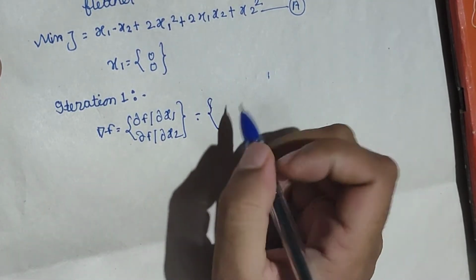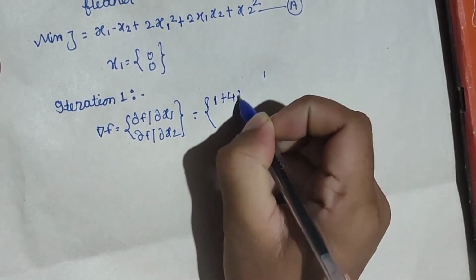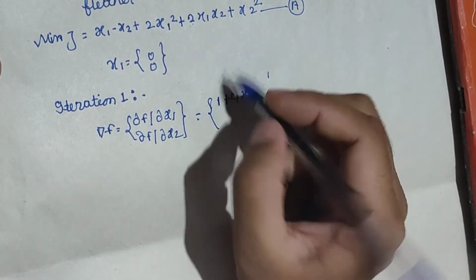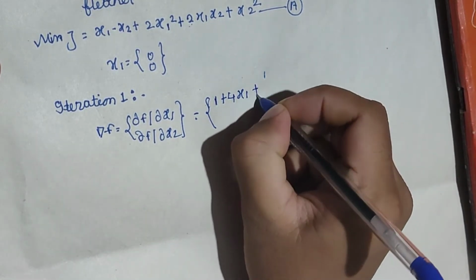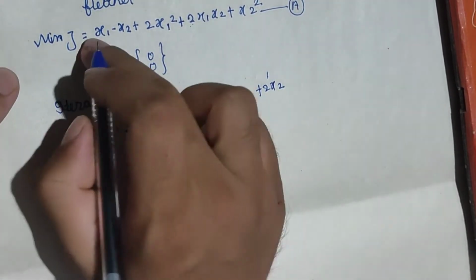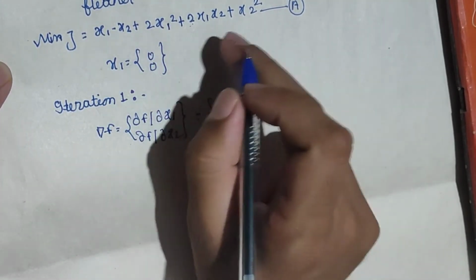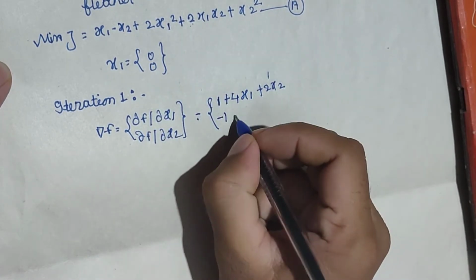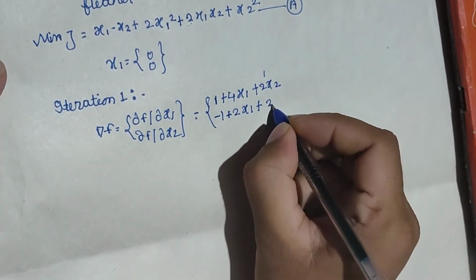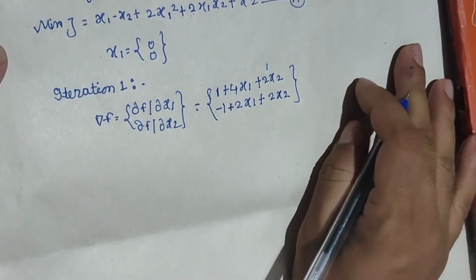Differentiating with respect to x1: that is 1 for x1, and differentiation of 2x1 x2 with respect to x1 is plus 2x2, and then 0. Differentiating with respect to x2: first 0, then minus 1, then 0, then 2x1 x2 with respect to x2 is 2x1, and x2 square gives 2x2. This is the differentiation with respect to x1, and this is with respect to x2.